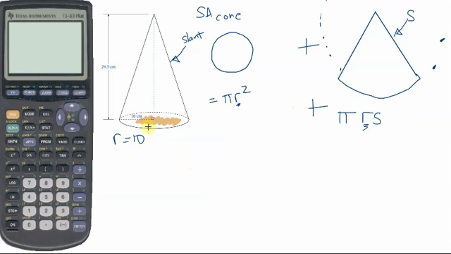Now the s is also the same value that's right here. The slant. And I'm going to draw that triangle out separately. So we have 10. And the vertical height of this triangle happens to be a whopping 29.5.